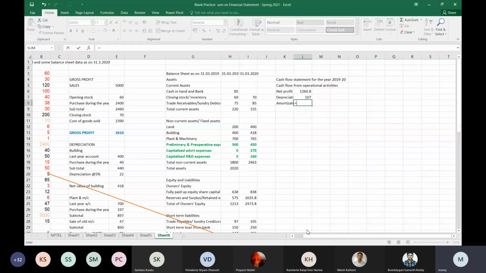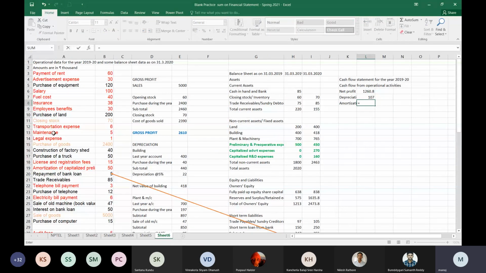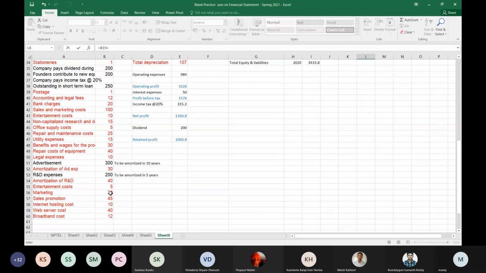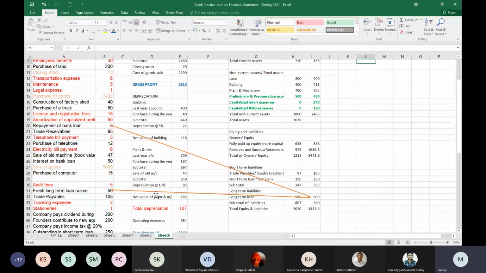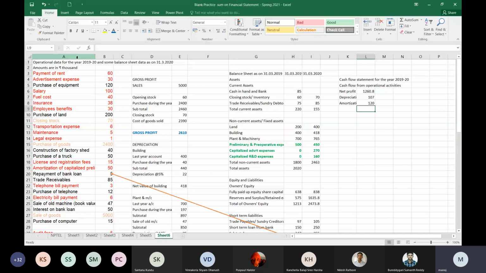That is why I am putting it separately. It is equal to one, this plus this plus this, meaning amortization for preliminary pre-operative, amortization for advertisement expenses, and amortization for R&D expenses. So we have the total amortization.